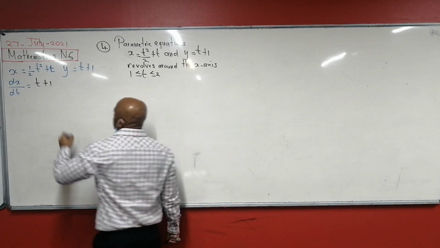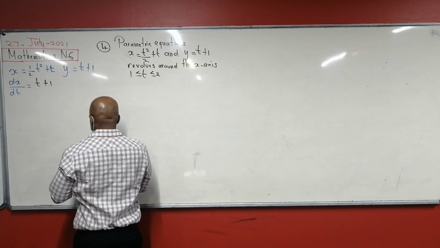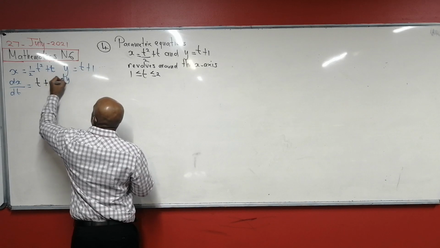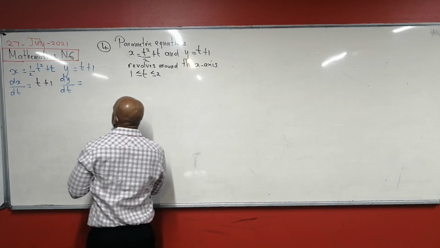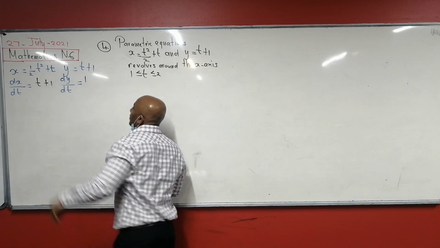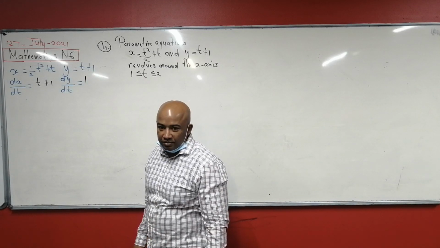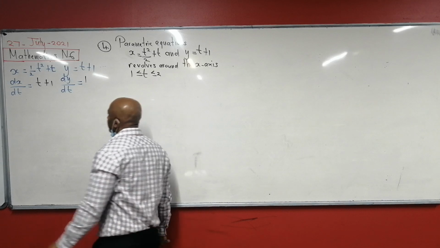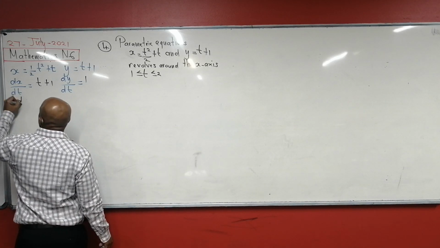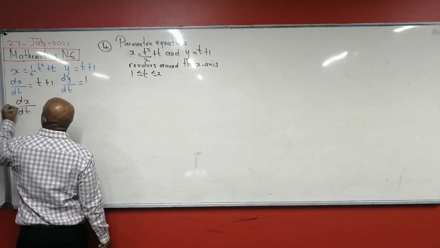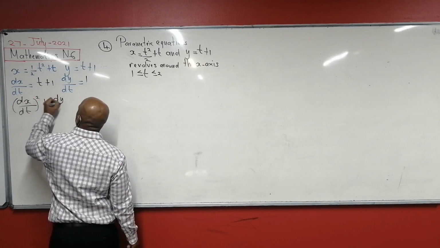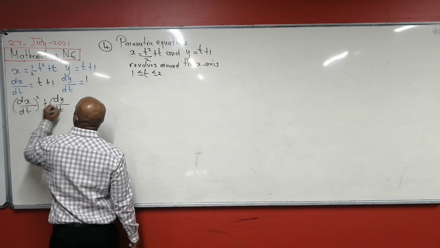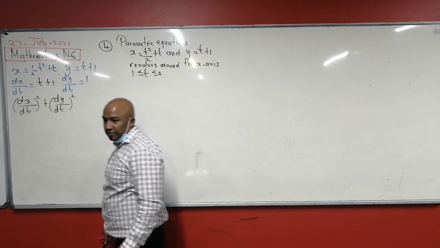Okay. So then dy over dt, the derivative of t is 1, and the derivative of 1 is 0. Right. Now we have dx over dt all squared plus dy over dt all squared.